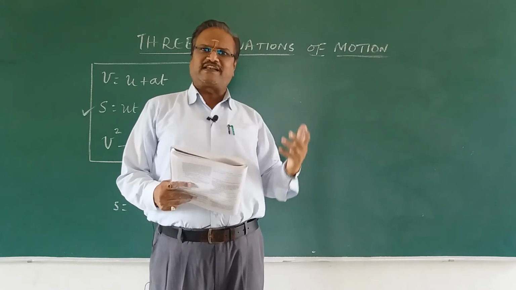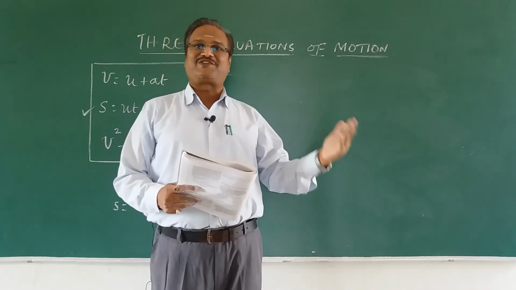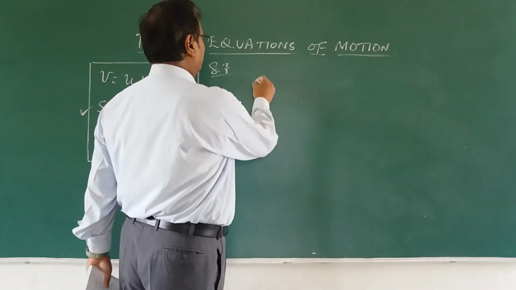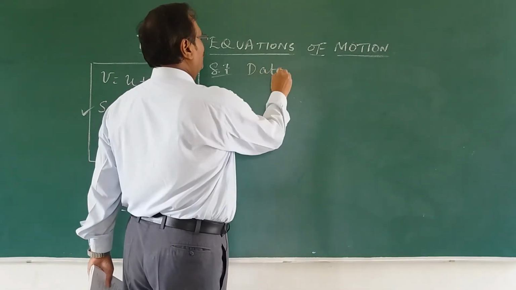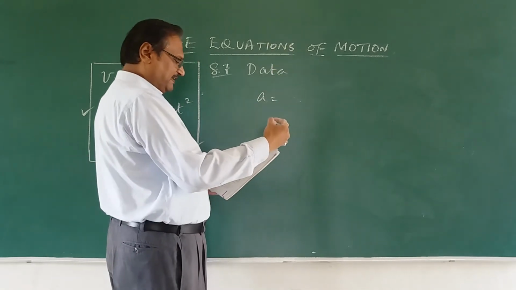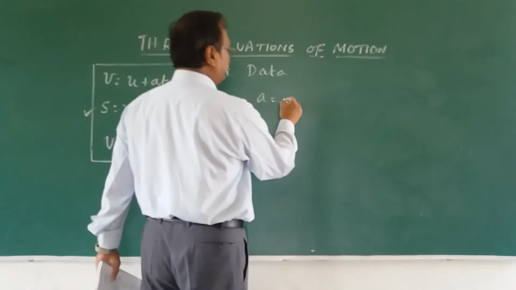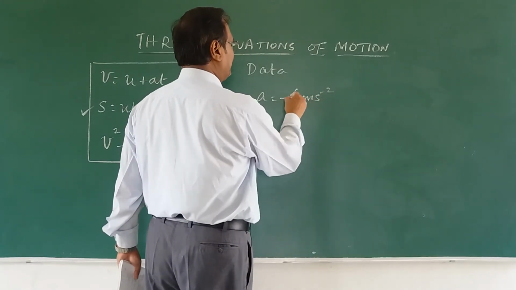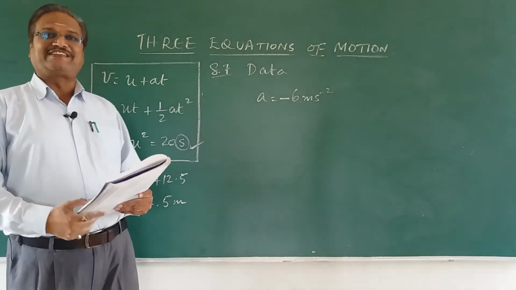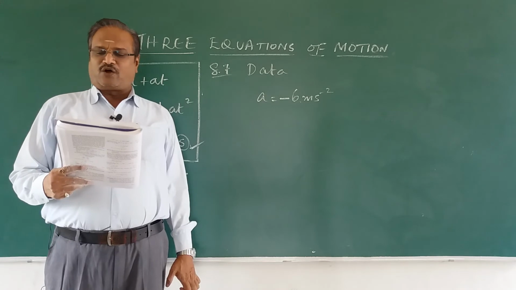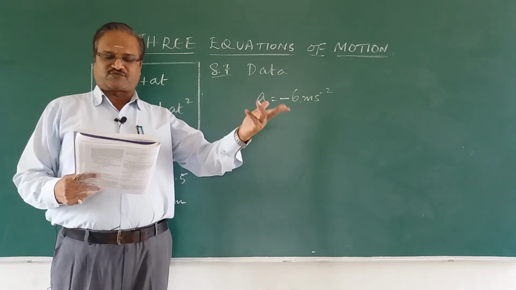What is negative acceleration called? Retardation. So you should understand the word. Here the data is given, but brakes are applied, so the acceleration will decrease: 6 meter per second square, but put a negative sign. Deceleration or retardation, in the opposite direction to the motion.